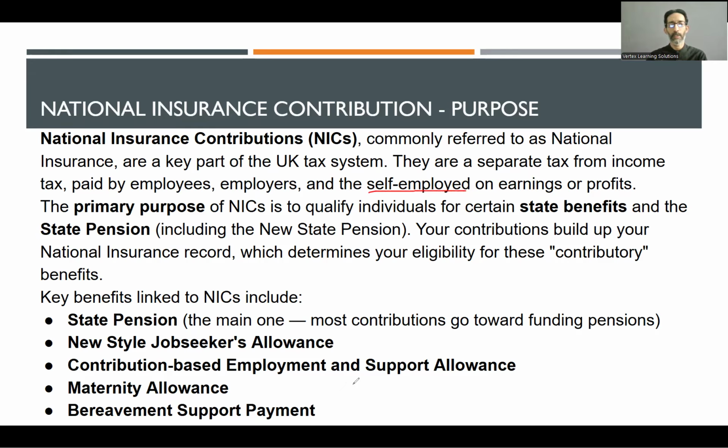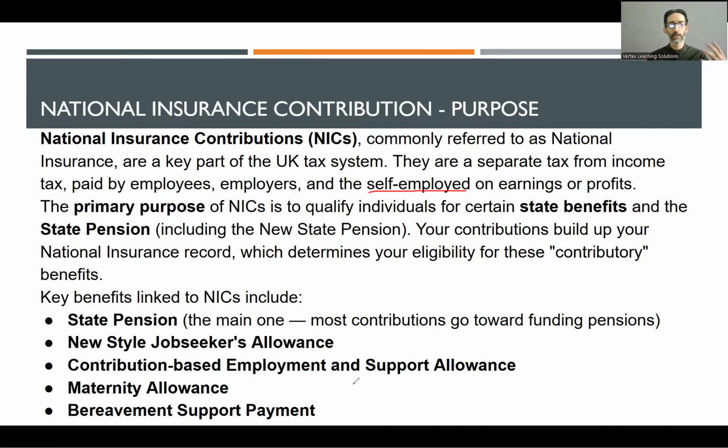So some people who require support, this allowance is used for those purposes. It is also available for maternity allowance. And finally, the bereavement support system, or the widow support system, when a spouse dies. So for the support of the living spouse left, or the civil partner. So this is used for that purpose.